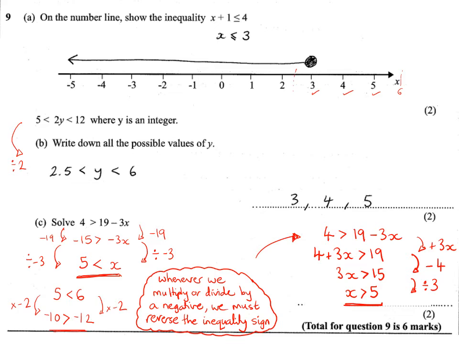And you see I get the same answer, x is greater than 5, or over here 5 is less than x. These are exactly the same inequalities, x can be anything above 5. The second method here would be my preferred method for you to do. We keep the inequality sign the same all the way through and we just add the 3x. And that way avoid dividing or multiplying by a negative.